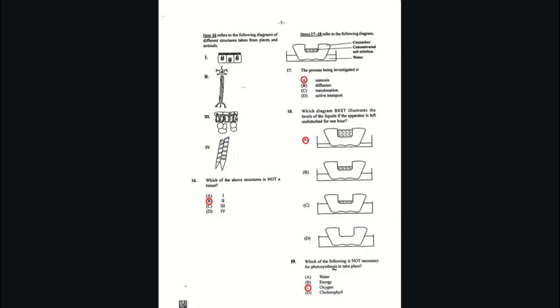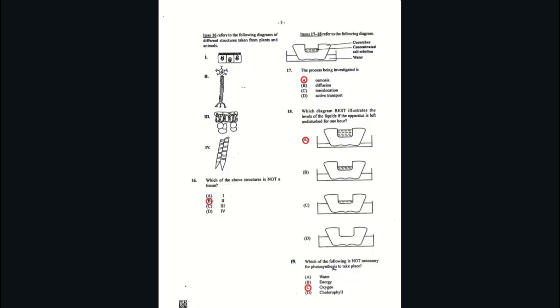No, these are different processes, but the biggest indicator that tells you this is osmosis is the fact that there is water involved. And we know that osmosis is the movement of water molecules from an area of high concentration to an area of low concentration across a semi-permeable membrane until it's evenly distributed. Just like if you do the potato strip test, same thing.